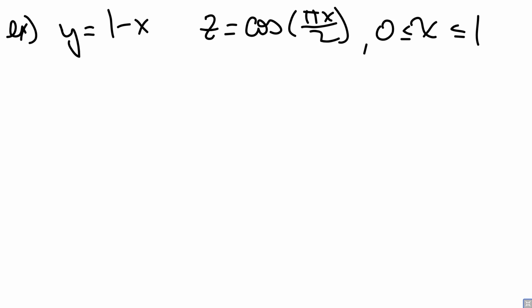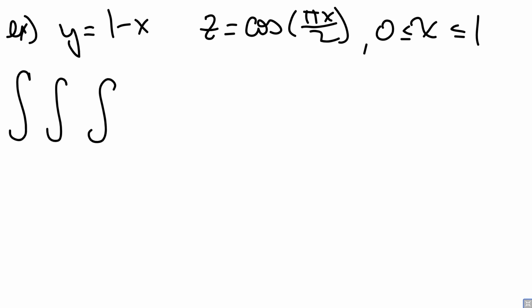Okay, so what we're going to do here, again, since we're finding volume, we're going to do our triple integral. Now we've got to figure out what order we want this in. Based on the functions that we have, both functions are defined in terms of x.